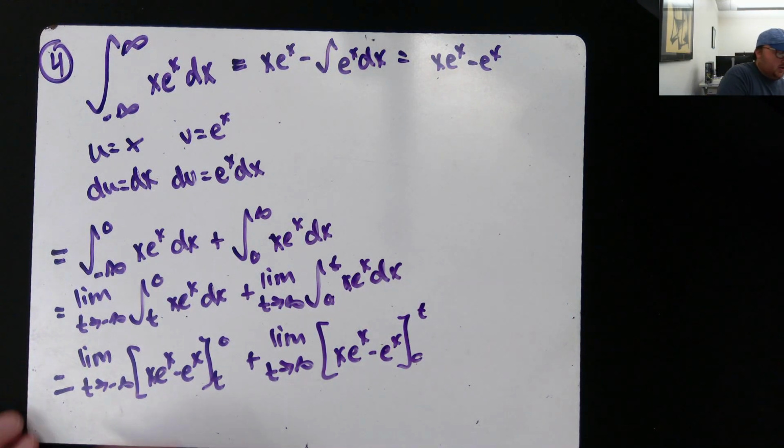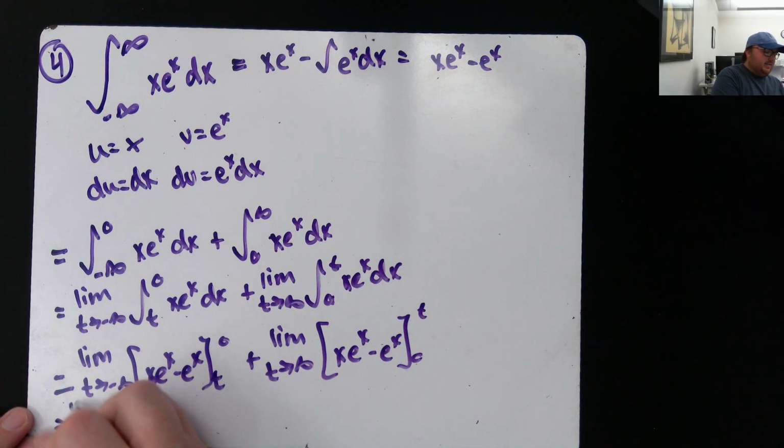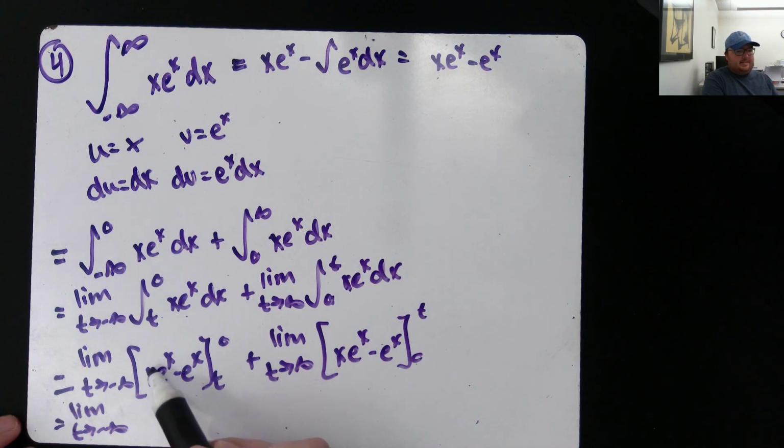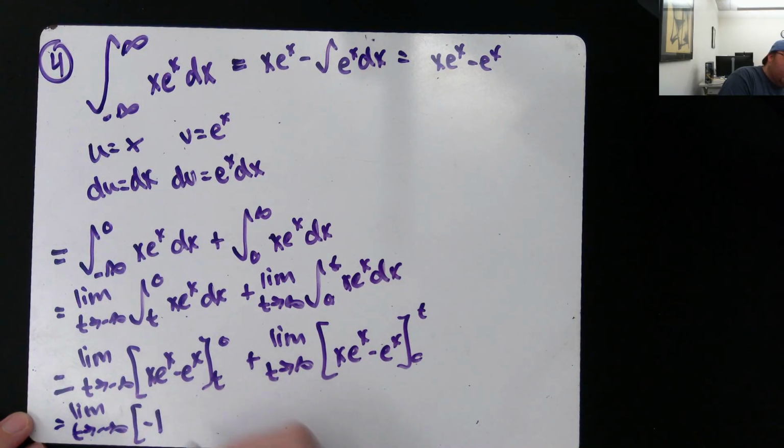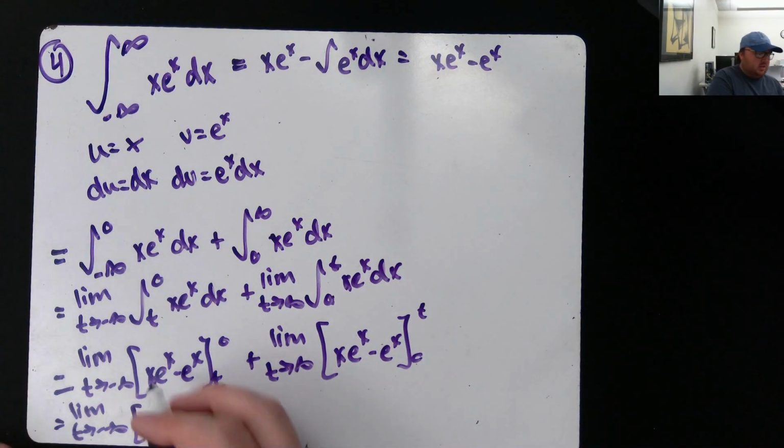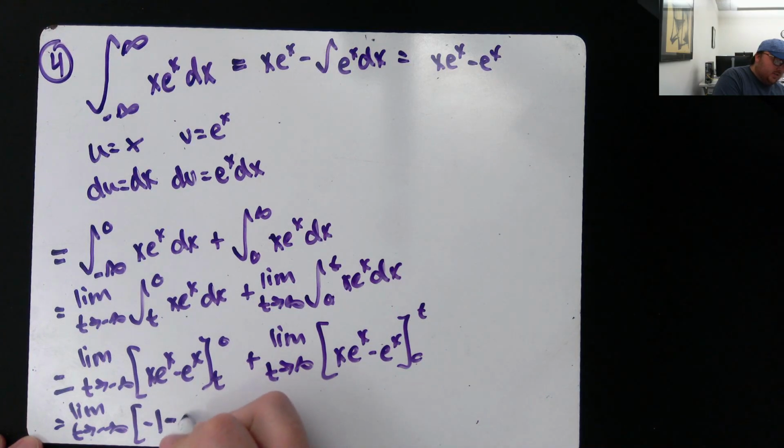Plugging in my top bound first. Plugging in a 0 here would make it 0. e to the 0 is just a 1, so that's going to become negative 1. Then minus, plug in a t, so t e to the t. Minus makes it plus e to the t.